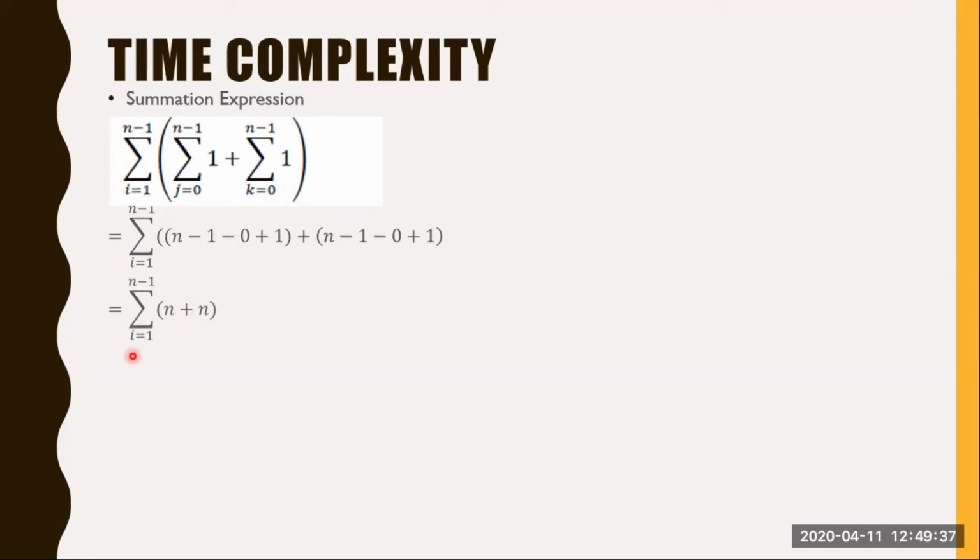Now 2n is not a value which is dependent on i. It is a constant value, meaning I can take it out of this summation and I will be left with only 1 again. So this changes to 2n sigma i equals 1 to n minus 1 of 1. Again, we use the same formula, so this time it will be n minus 1 minus 1 plus 1.